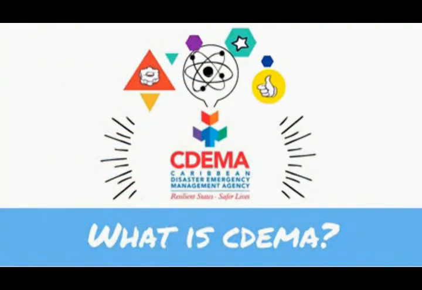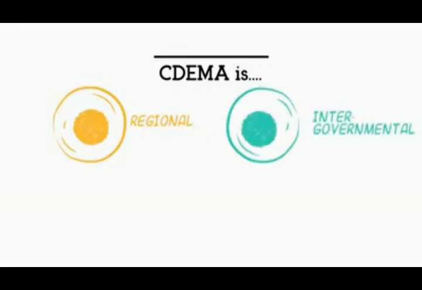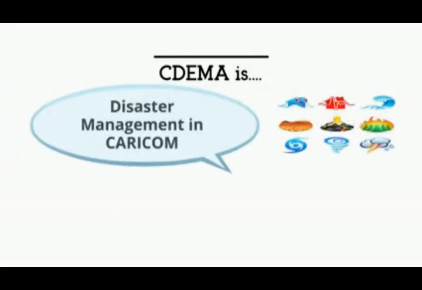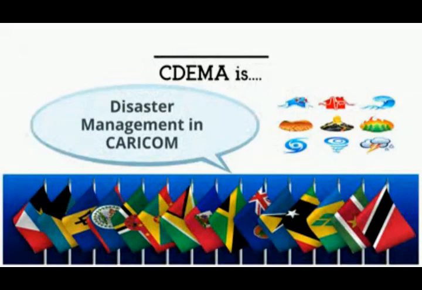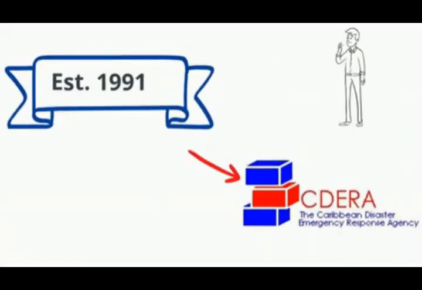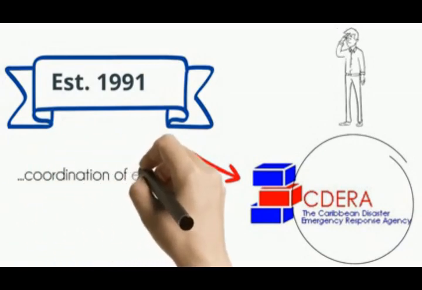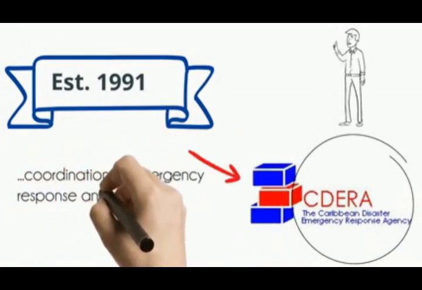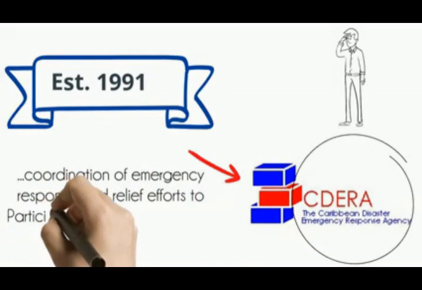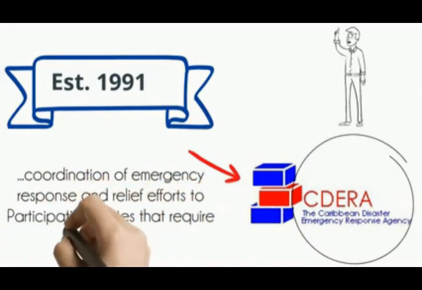CDEMA is a regional intergovernmental organization for disaster management in the Caribbean community. The agency was established in 1991 as CDERA, with primary responsibility for the coordination of emergency response and relief efforts to participating states that require such assistance.